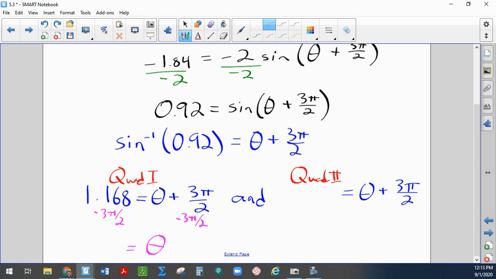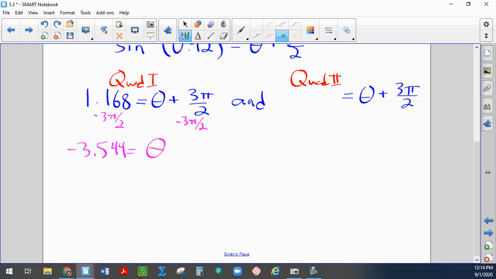And I get negative 3.544, which is not in my range or in my 0 to 2 pi. So add 2 pi to it to get a coterminal, plus 2 pi. So 2.739.